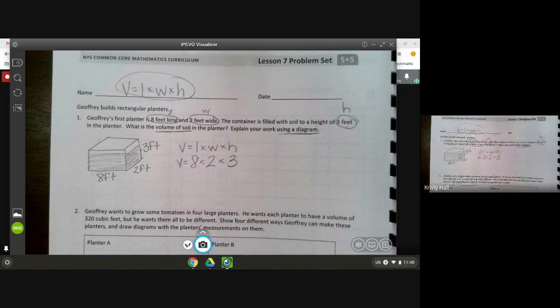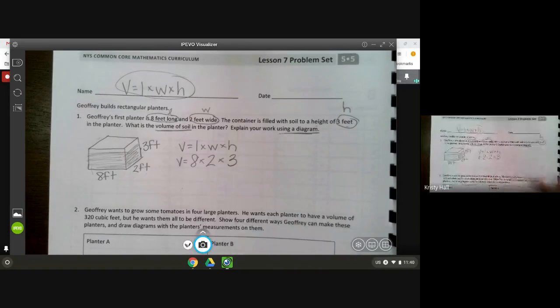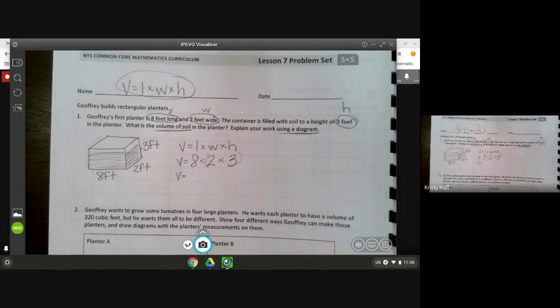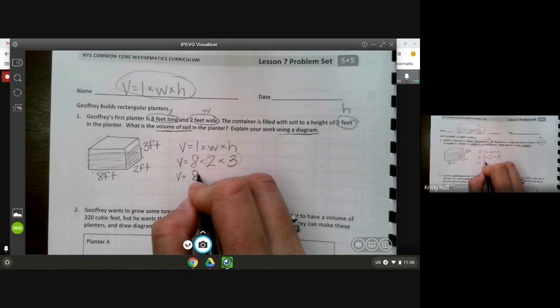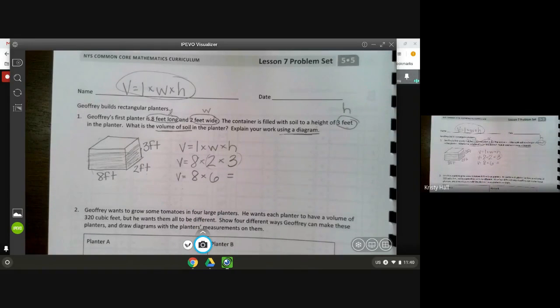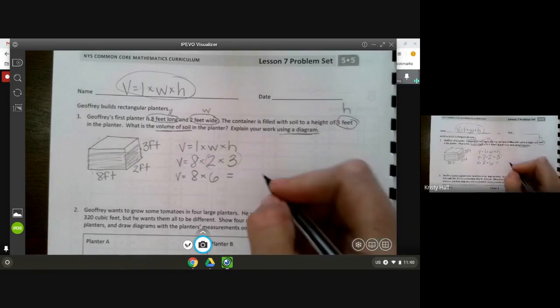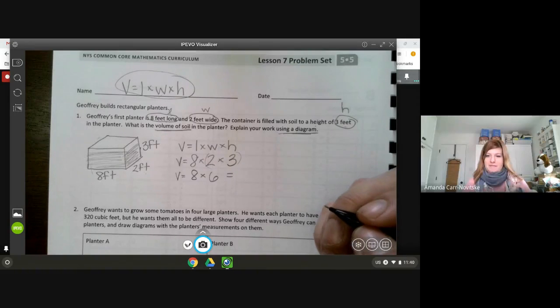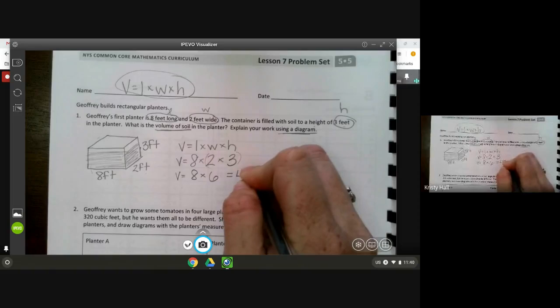Okay, so I can either use a calculator and multiply all of those, or I can combine together numbers that go together easily. So then this would become 8 times 6. And then 8 times 6 is one of my basic facts. So 8 times 6 would give me how much? 48. Yep, 48. Thanks.